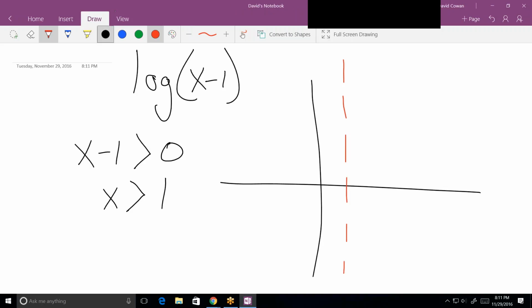And the function is going to look like that. So that's what I mean: when the argument is equal to 0, that also creates a vertical asymptote. Not just division by 0, but it's also taking logs of 0. Okay.